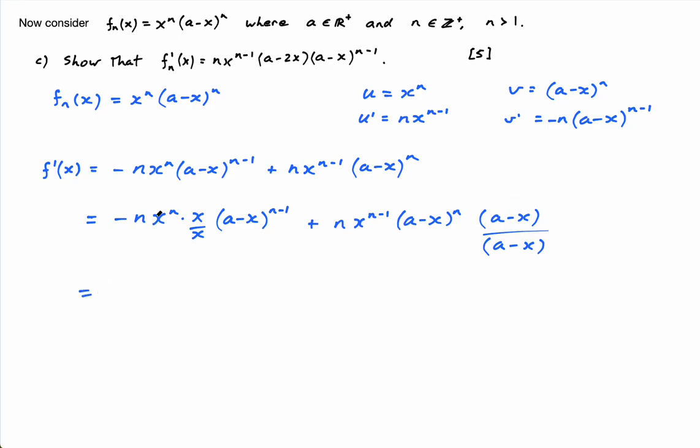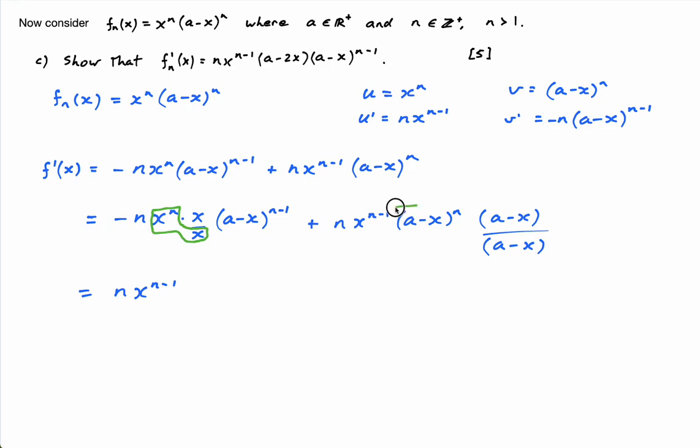Now, watch this. I take out an n from here and from here. I take out an x to the n minus 1 from here. It's this and this. Let me just circle that to be clear. There, don't do that in the exam, guys. But that part is my x to the n minus 1.